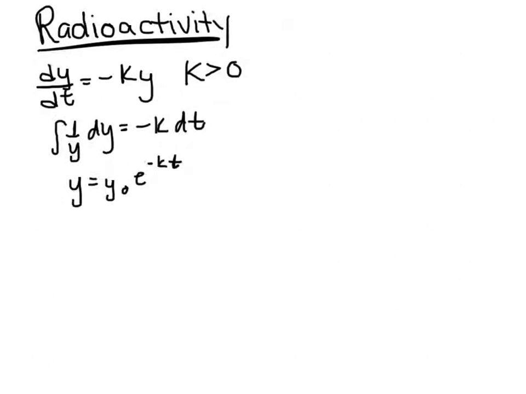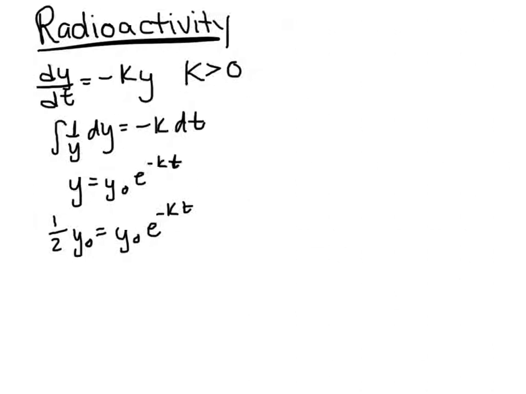So we're looking for its half-life. So what we want is the end amount, the amount that we end up with, to be half of what we started with. So we're going to say that 1/2 of y naught is our ending amount. We want that to be equal to y naught e to the negative kt.